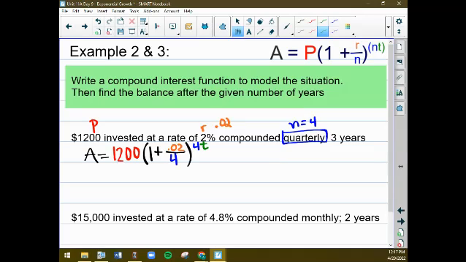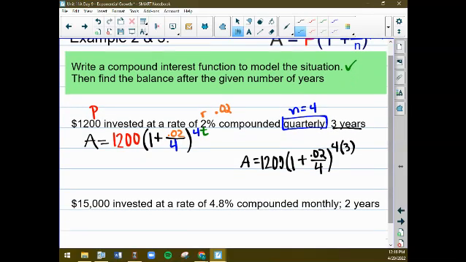That's like my variable. Okay, so that is the compound interest function. Now let's find the value after 3 years. So I've got A equals 1,200 times 1 plus 0.02 over 4, to the power of 4 times 3.